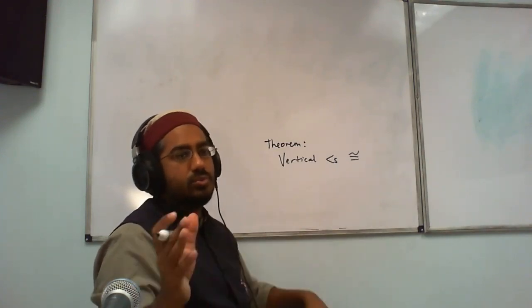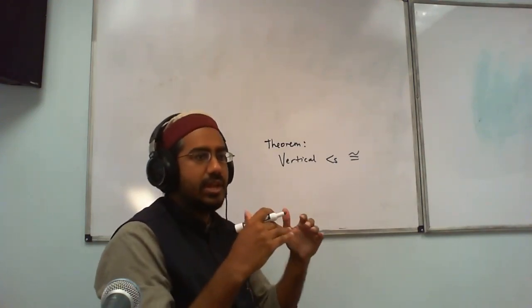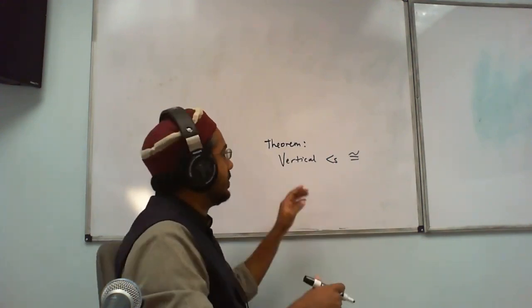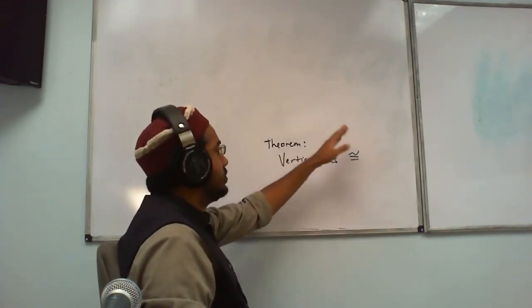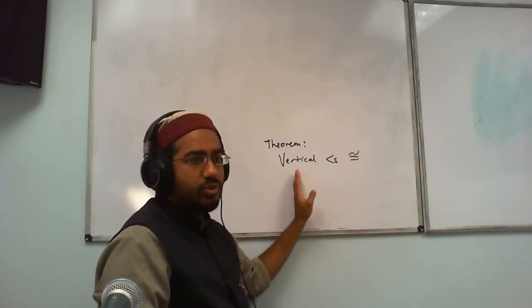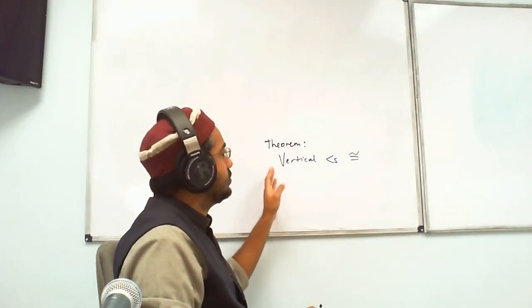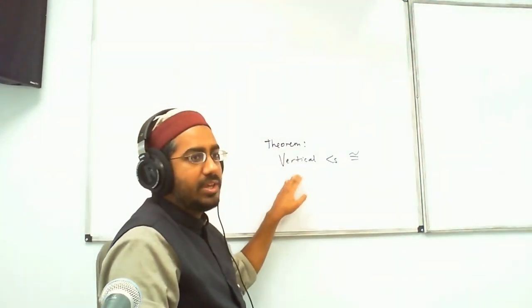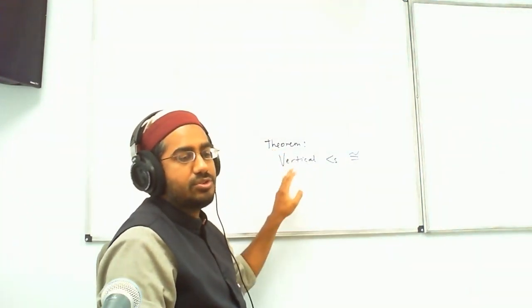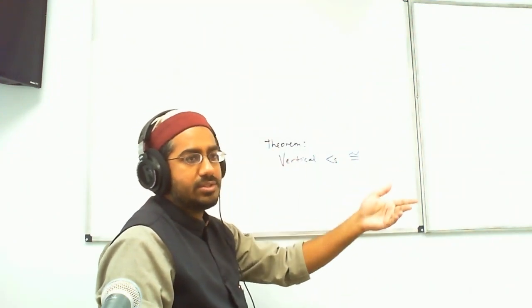We're going to do a proof later on, so you'll see how a two-column proof works. We have two vertical angles, they're going to be the same. These theorems are things that we can use to prove other things.